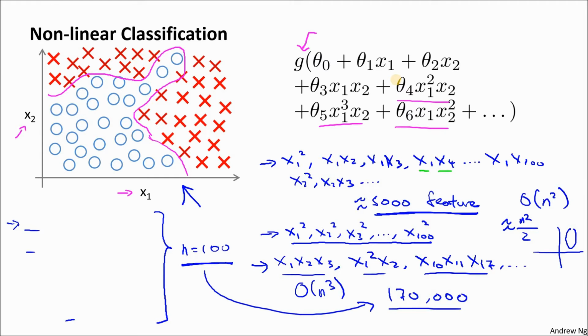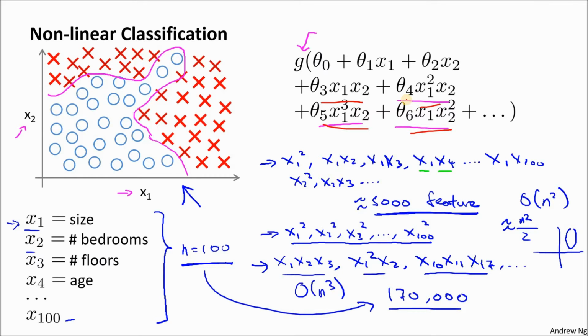If you remember, this was the case we saw in the classification of the cancer data set. We saw these higher order terms in the hypothesis equation. They are based on very many different features.